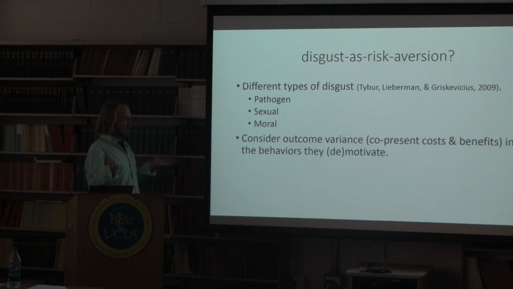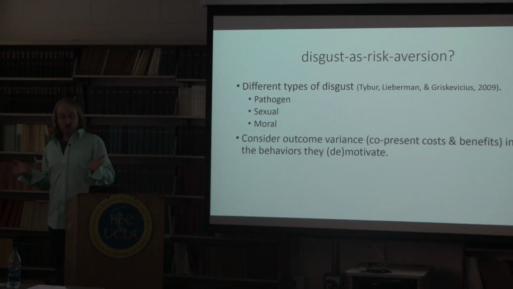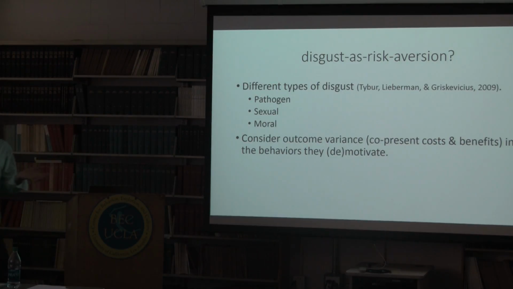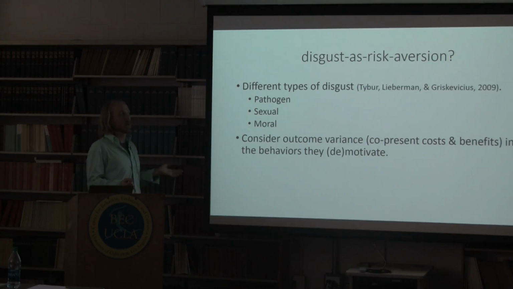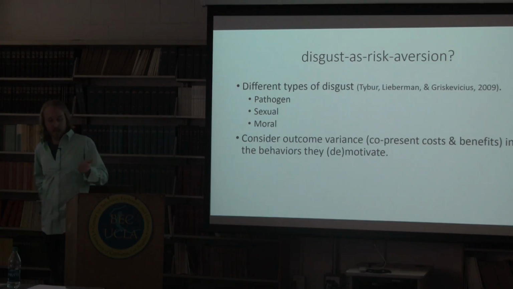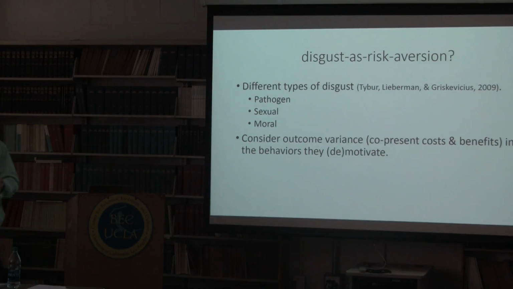Sexual disgust. Pursuing any given sexual opportunity is riskier than not pursuing it. Sex comes with the potentially ultimate benefits of reproduction and the proximate benefits that go along with that, but there are potential costs. Disease is, again, a cost of sexual behavior. Sexual violence happens with humans, and in other animal species, sexual violence is obligate.